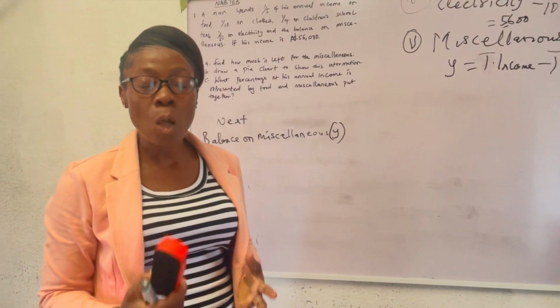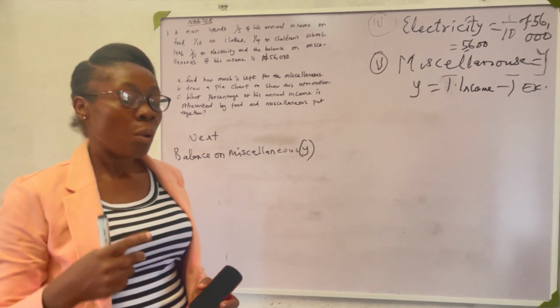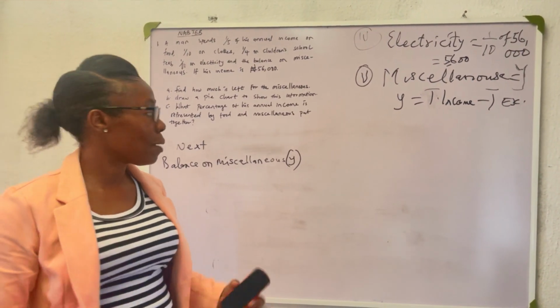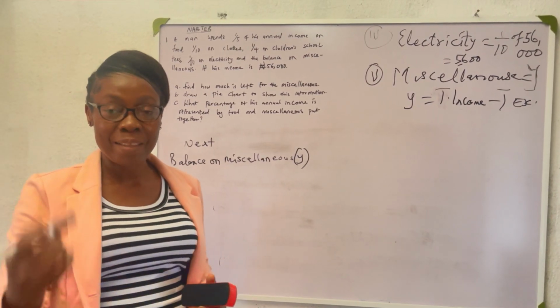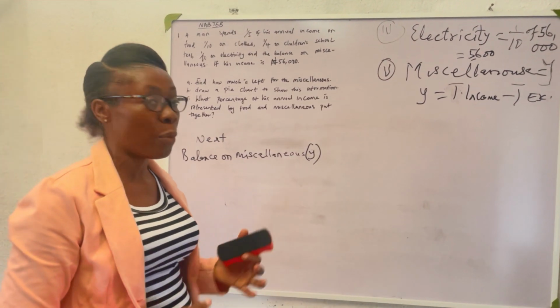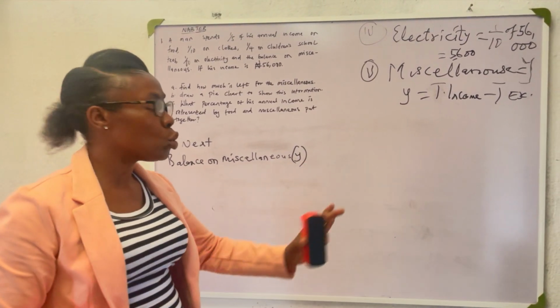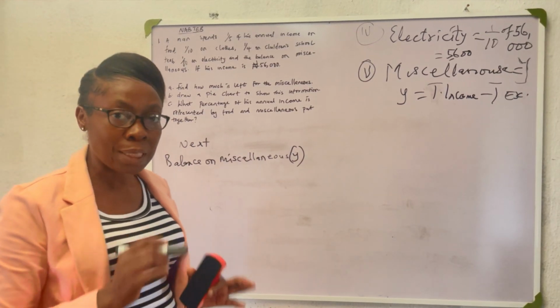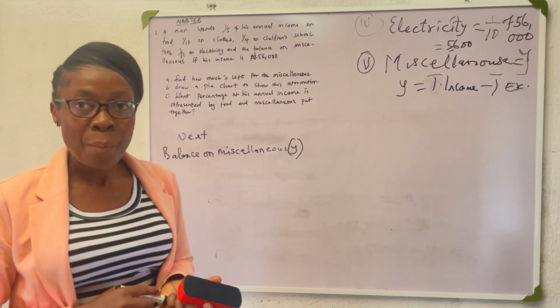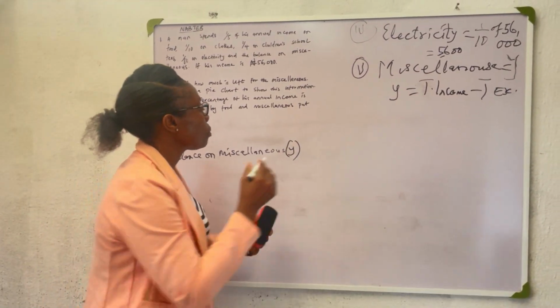Next, balance on miscellaneous. Let's assume that our miscellaneous is represented by the variable Y. So the balance used on miscellaneous should be total income minus total expenditure.